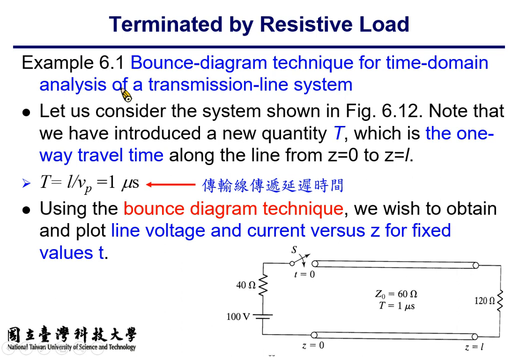And instead of writing the length of the transmission line, it is described in terms of propagation delay, that is 1 microsecond.